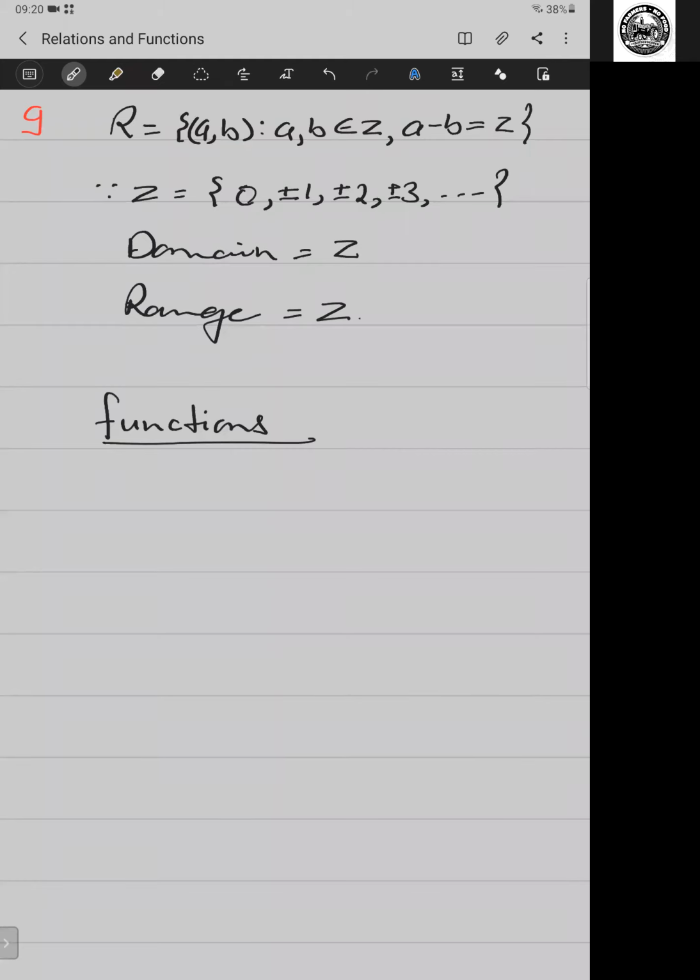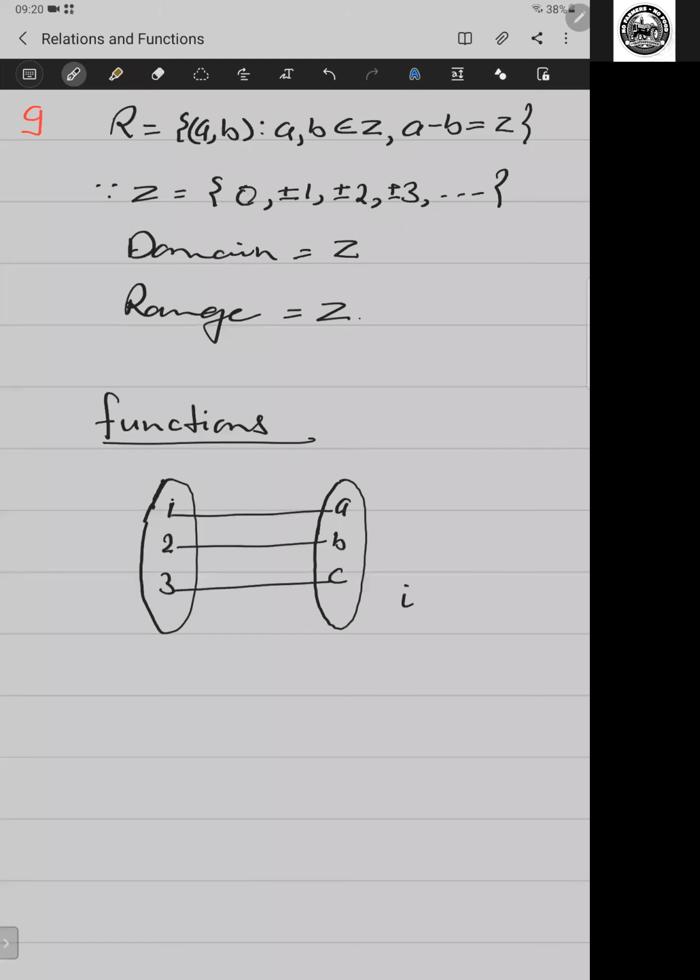Now, I must try to explain this with an arrow diagram, or mapping. This is a function.